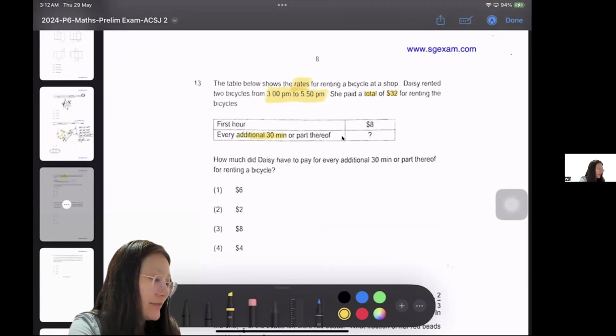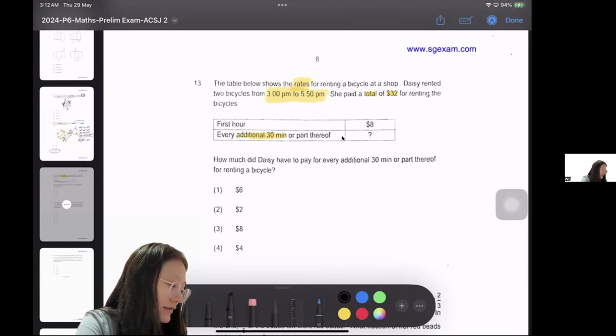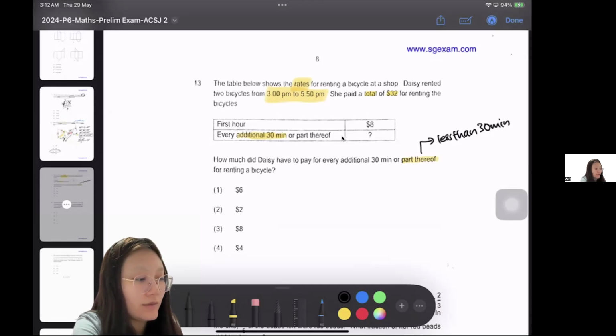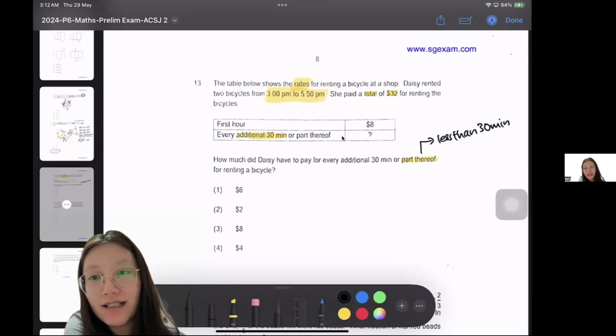So what does part thereof mean? Part thereof can mean less than 30 minutes. Why can it mean that? Because it means a part of 30 minutes, right? So it's like less than 30 minutes.